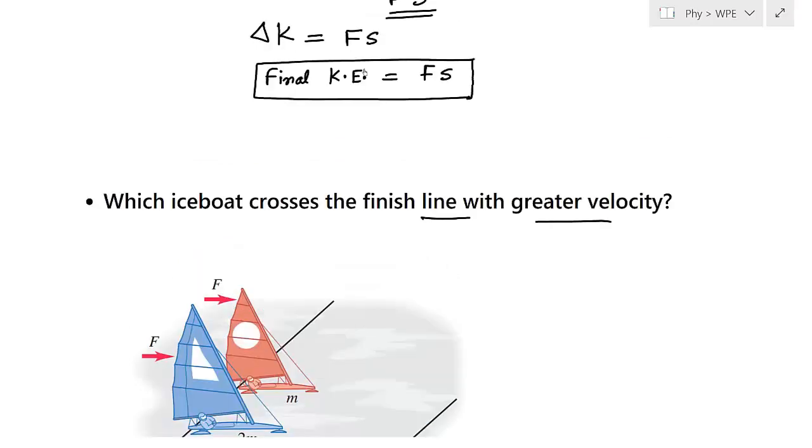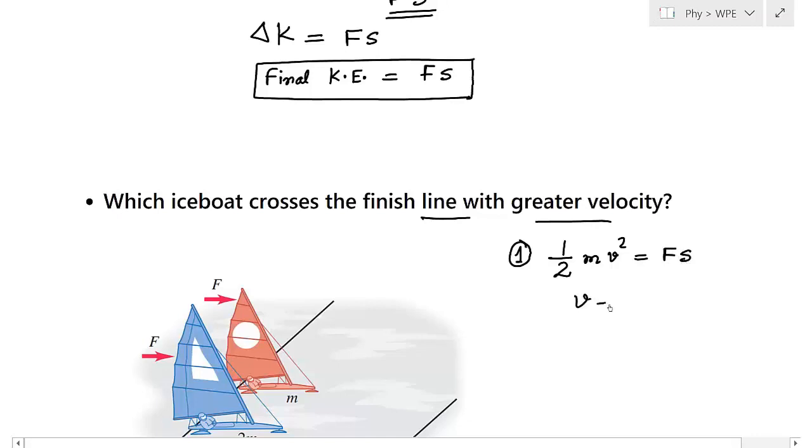Since I know the final kinetic energy, I can calculate the velocity of each ice boat at the end. For example, for ice boat number 1, kinetic energy is equal to half times m times velocity squared, where this is the final velocity, and the final kinetic energy I know, that is nothing but F times S. So from here I can calculate the velocity is equal to the square root of 2Fs divided by m.